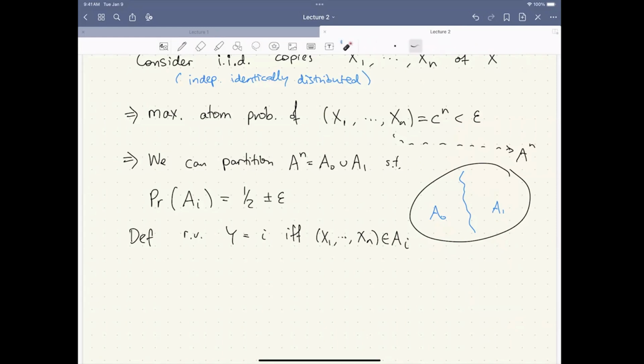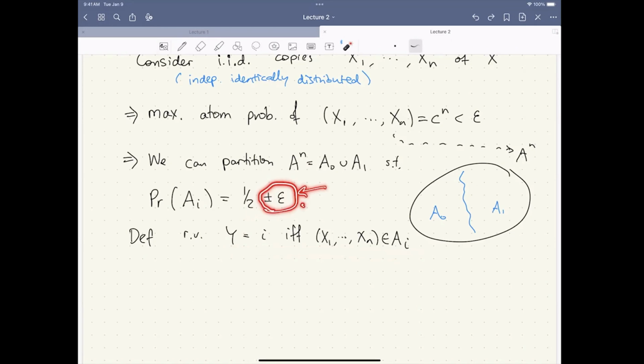Now recall by normalization, if this epsilon is not there, what's this random variable? If it's not there, this is the standard Bernoulli random variable with one child, right? It's a fair coin flip. So Y is a uniform random variable distributed over a set of size 2. By normalization, the entropy of it will be 1 if this epsilon is not there. But since epsilon is there, it's going to be slightly off from 1.